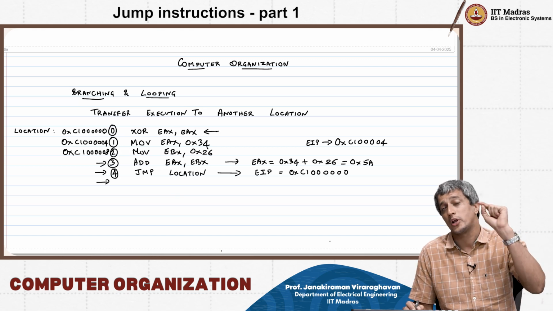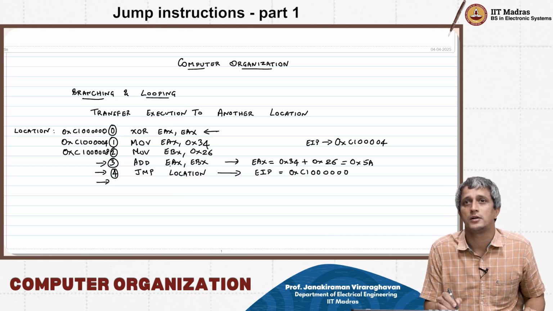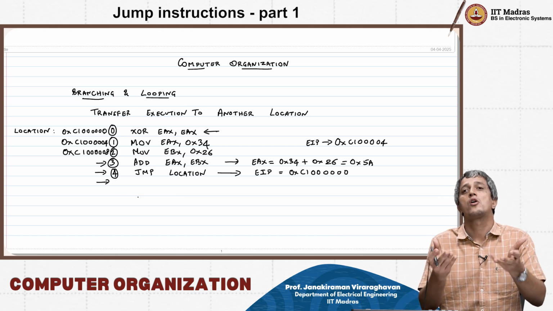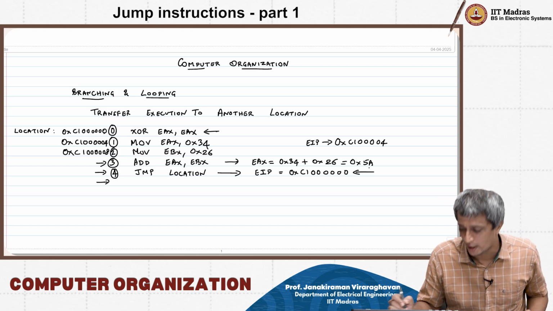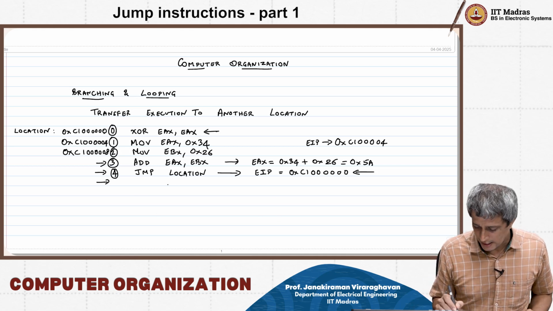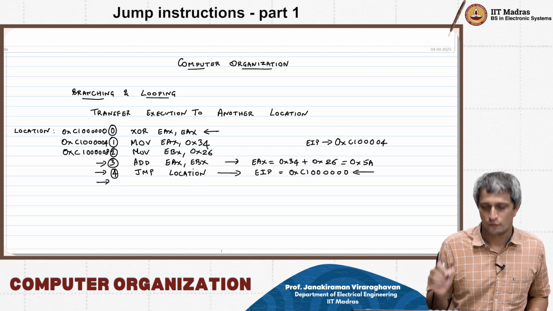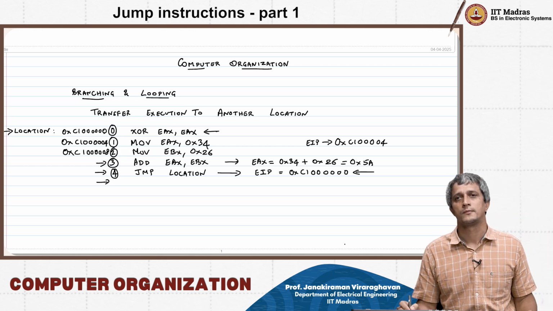But now you are telling the processor to replace that value with whatever has been provided along with the jump. So EIP will get loaded with this value, and the control of execution will go back to this particular point.